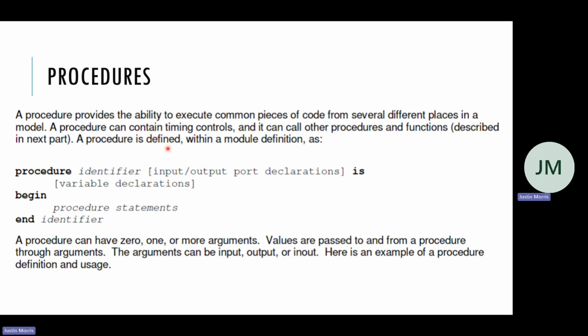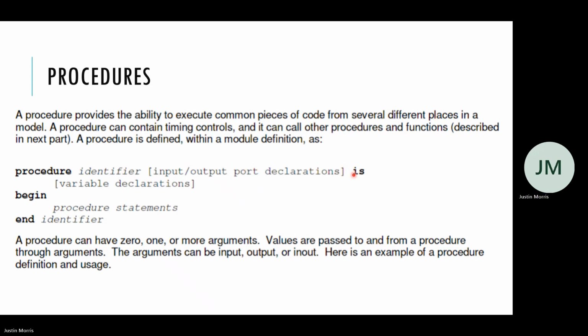And the procedures can have timing controls, and they can also call other procedures or functions. And this is what a procedure looks like. You have the procedure keyword, the identifier, which is your name for it, your input-output declarations, so it's like the entity, right?